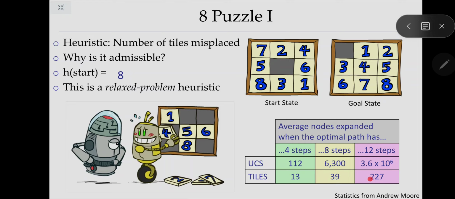And for 12 steps, 227 expanded nodes should be considered. That is very, very less than the corresponding time of uniform cost search. This shows that a simple heuristic improves the quality of uniform cost search essentially.